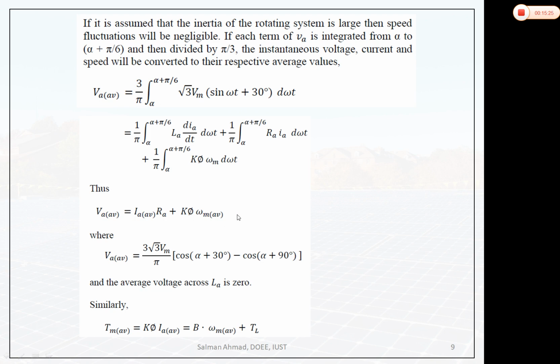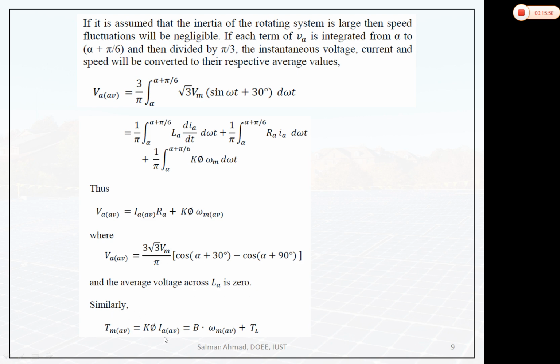The average inductance drop will be 0, so that part we are not taking. So we have only this part and this part. If we integrate this, we will get 3 root 3 Vm upon pi, cos alpha plus 30 minus cos alpha plus 90, and the average voltage across La is 0.